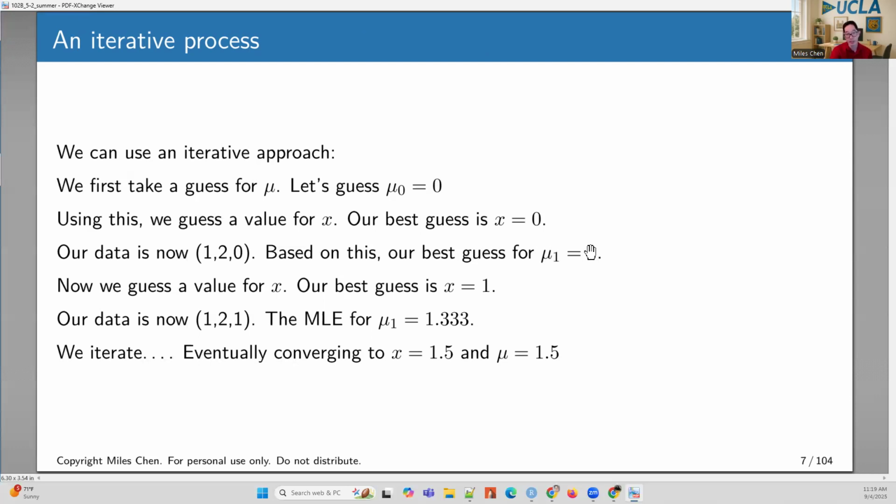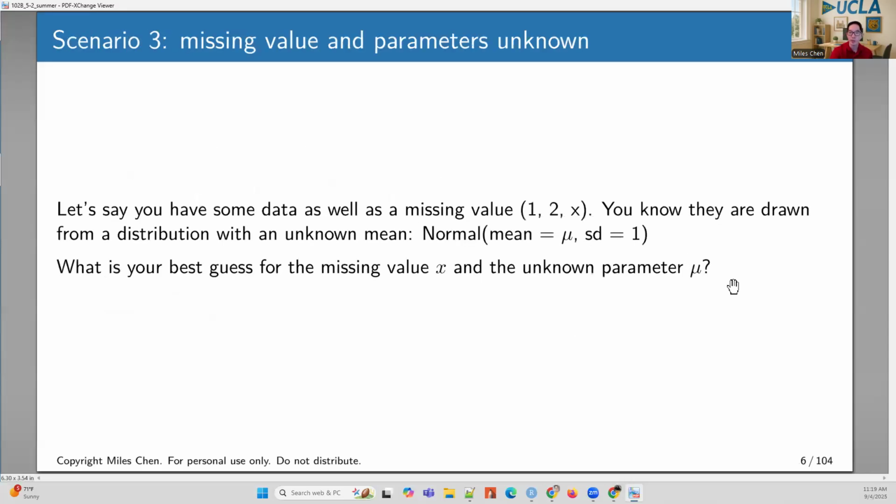Now that I have that, I'm going to update my guess for the missing value. My guess for x is going to be 1, and so now my data is 1, 2, and 1. What do I guess for the unknown parameter mu? 1.33. I iterate back and forth between updating our unknown parameter mu and updating our missing value.